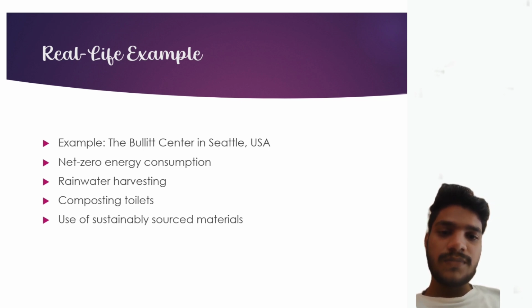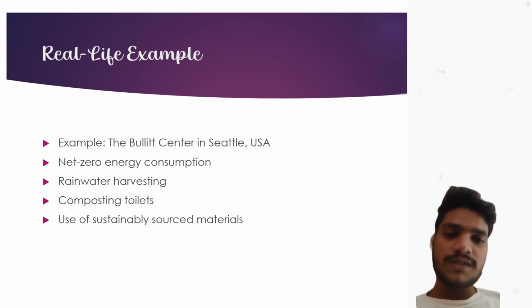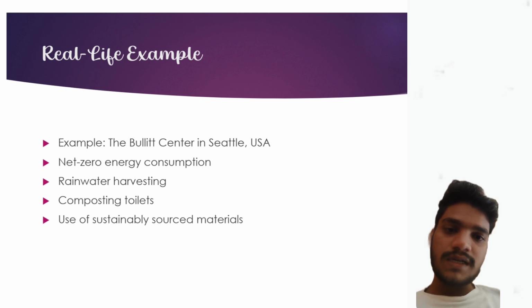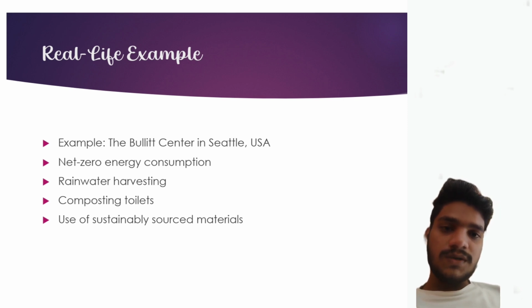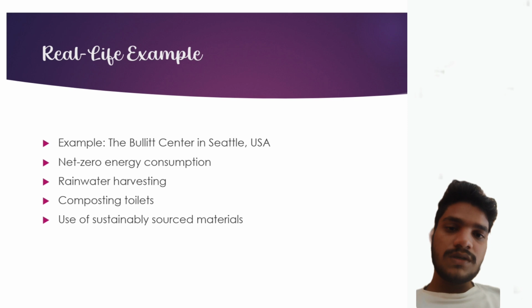Another unique feature is composting toilets, which reduce water usage and limit sewage output. Additionally, the building uses sustainable materials, making it both eco-friendly and an innovative example of green building practices. It is the best real-life example.